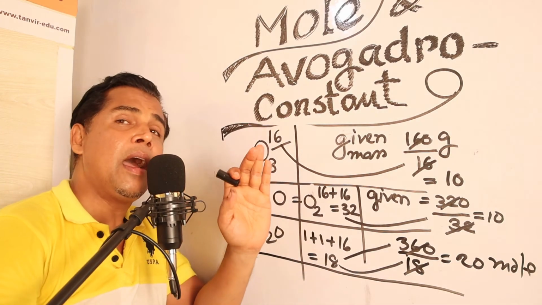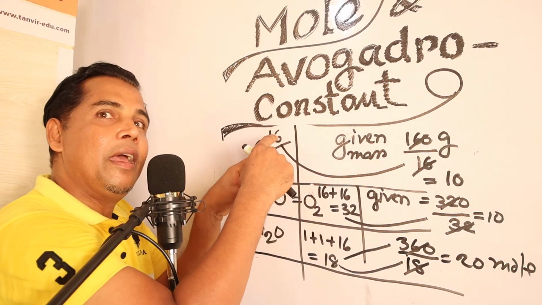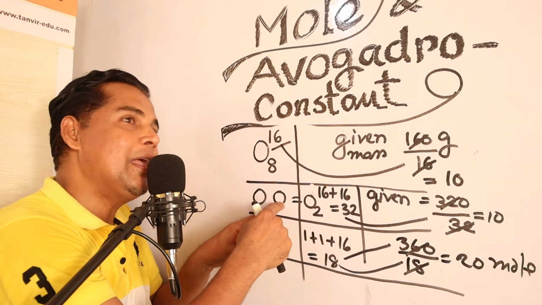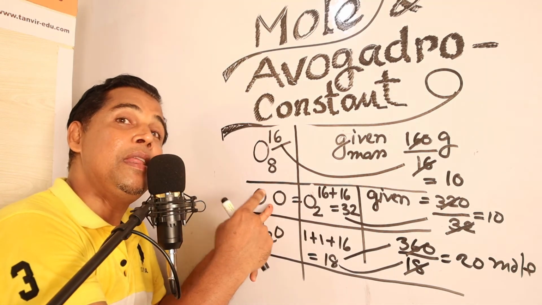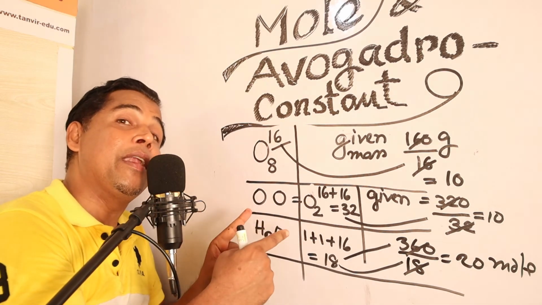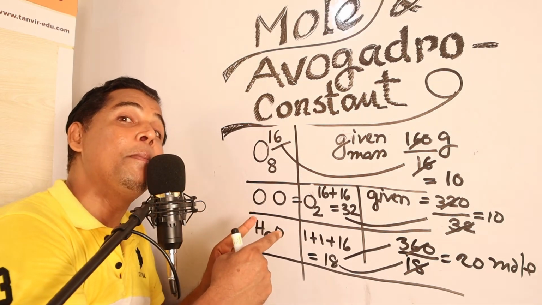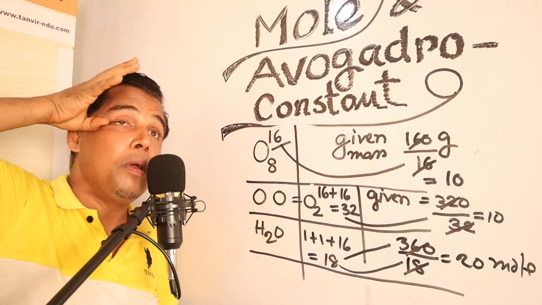So I have explained the 3 stages using the mass of atoms, the mass of the same element, same atoms, and element molecules, that is O2, and the mass of different elements, I mean compound molecules. Am I confusing you?